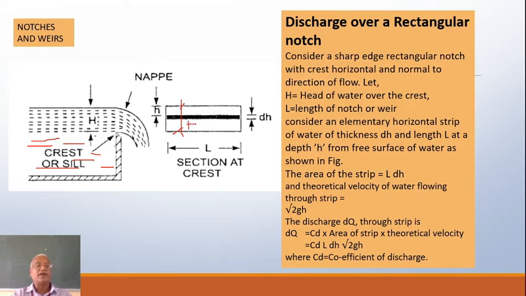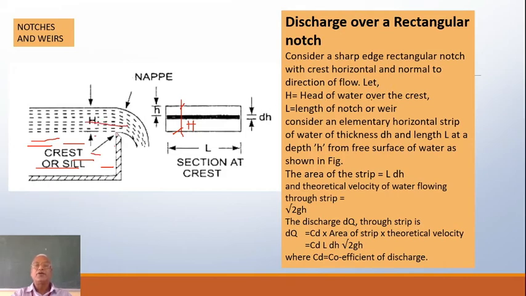But for the sake of analysis, we'll consider at a depth h, lowercase letter, a small width of dh of length L. Consider a sharp edge rectangular notch with a crest horizontal and normal to the direction of the flow. Yeah, for the direction of the flow this is perfectly normal.